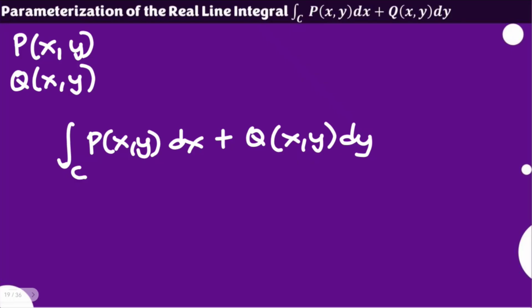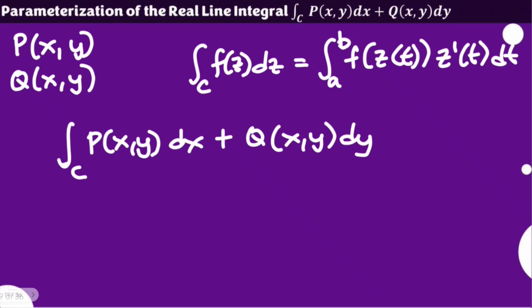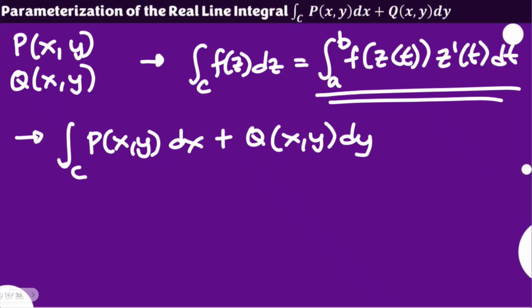Same with the idea of the integral of f(z) dz along your path C, which is identified as the integral of f(z(t)), previously discussed. This is actually its component from a to b. This is for the complex line integral, and this is for the real line integral. We are also going to provide the parameters needed for specific types of functions, but generally this is how it is done.